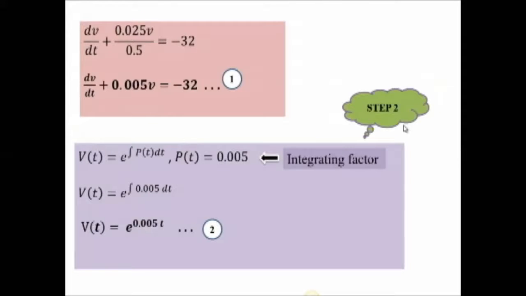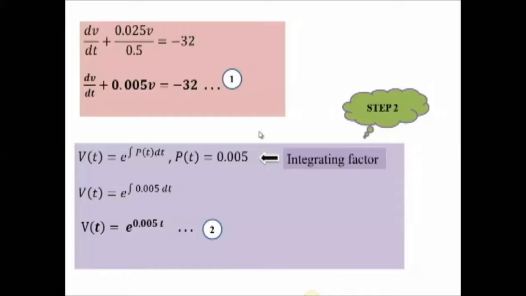After that, we substitute the information given, which is dv over dt plus 0.025 for k, so v over 0.5 for m, and finally we get equal to negative 32. It is our first equation.